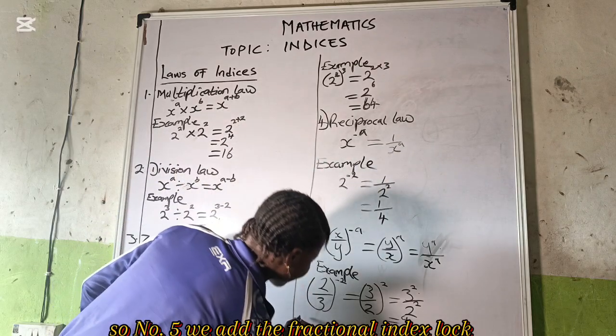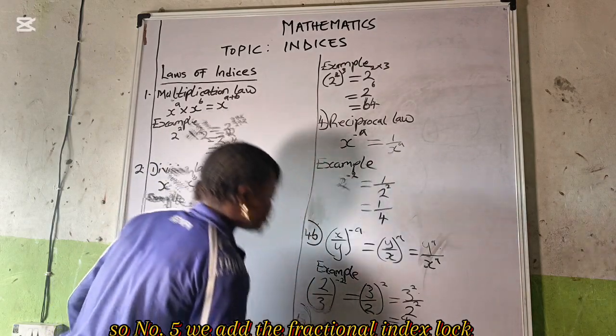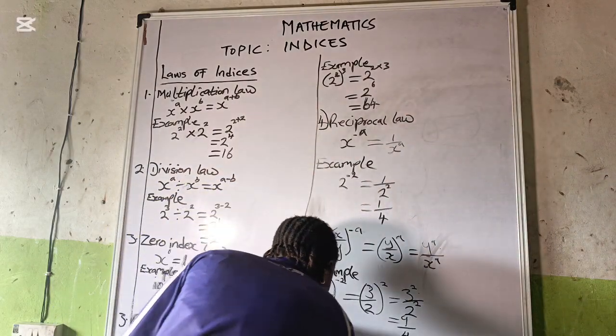So number 5, we have the fractional index law.